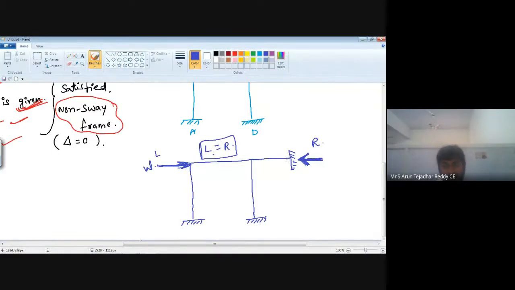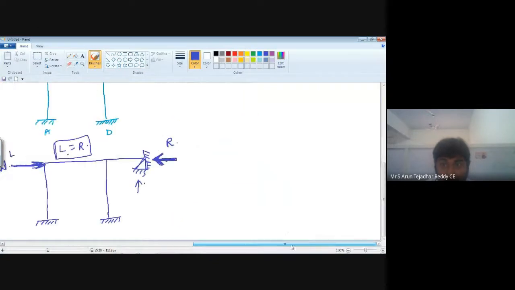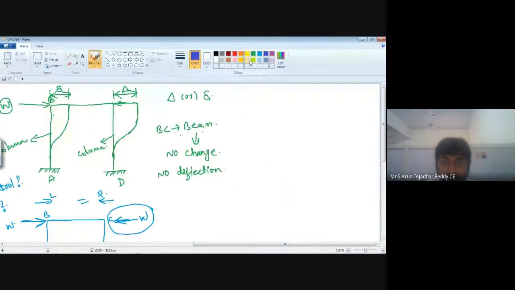Now if you take a hinge support, hinge also has one vertical and one horizontal reaction, so no problem. But in the same structure, if I give a roller support here, now tell me whether the roller support is satisfied or not.